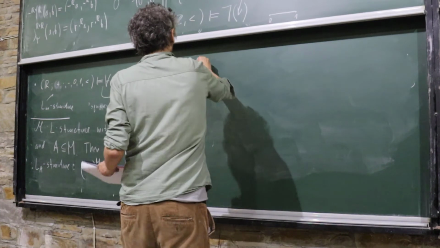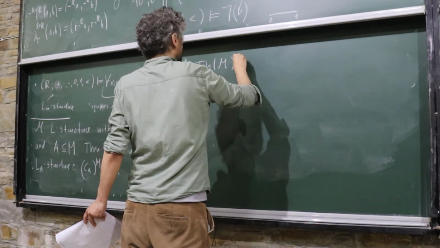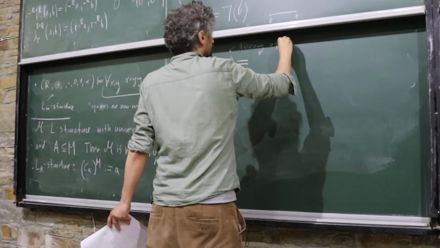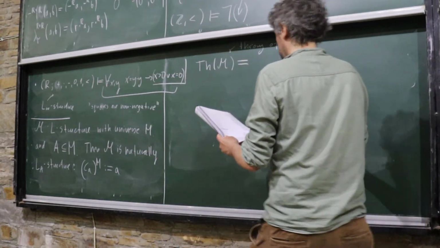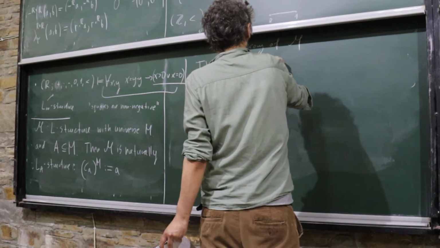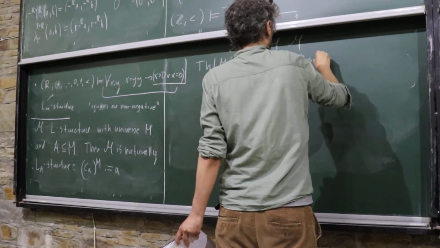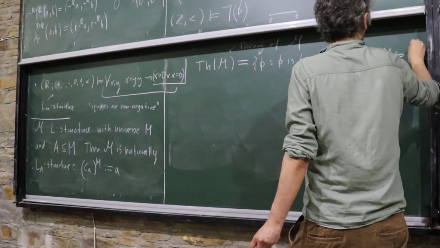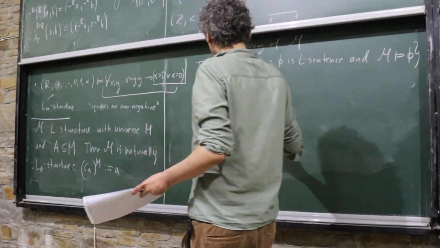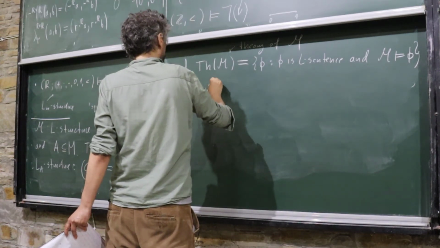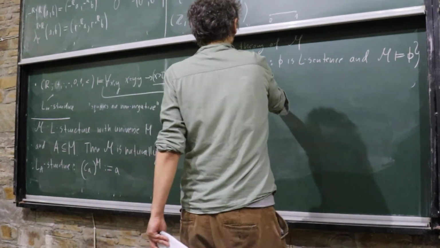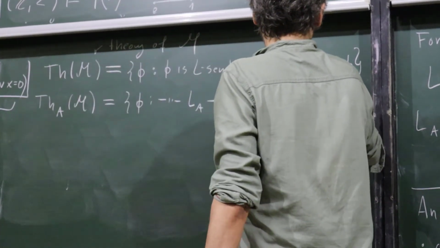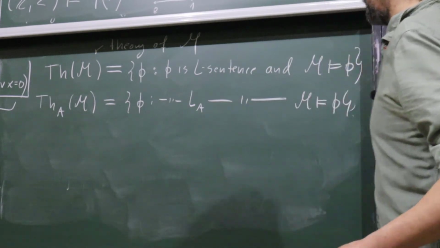And finally, we define the theory of M. This will be the set of all sentences which are true in M, and sometimes it's important to specify parameters, so all the same with these extra parameters.